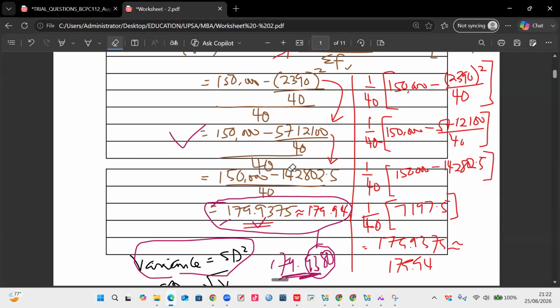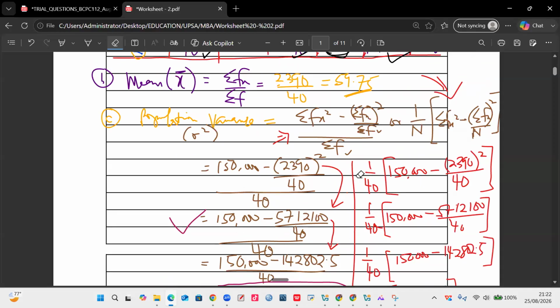The variance: we use 150,000 minus bracket 59.75, that's the mean, squared, all over 40.